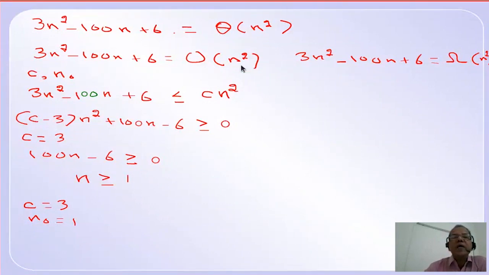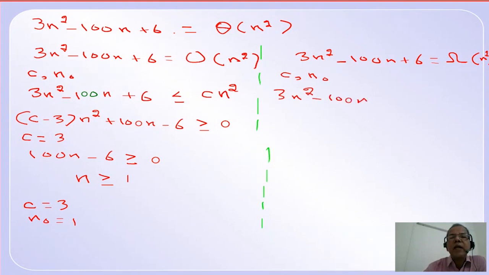Similarly, I have to prove this side. Find two constants c and n0 such that 3n squared minus 100n plus 6 is greater than or equal to a constant times n squared. I have to find c and n0.